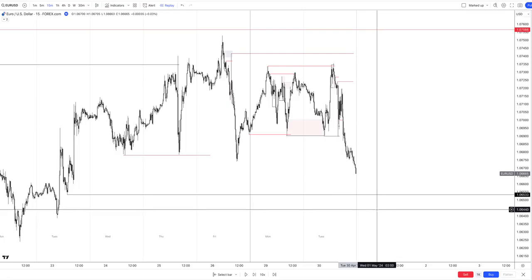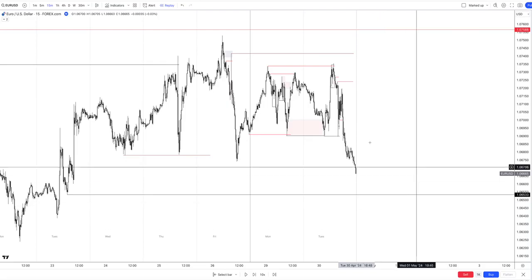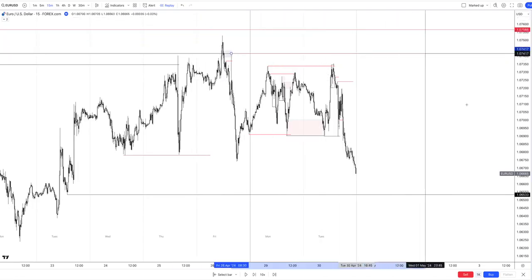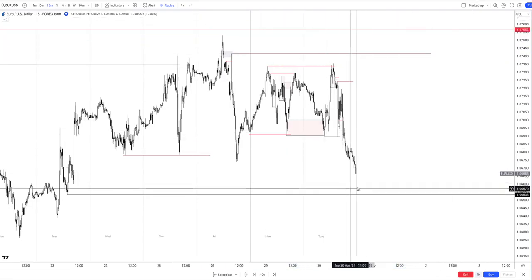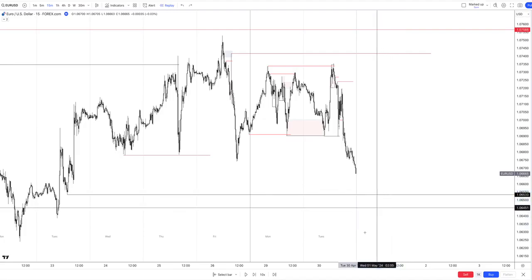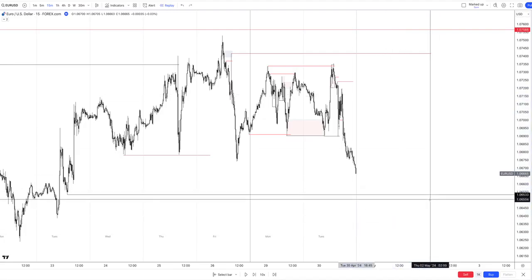On the flip side, if we have a bearish bias on the higher time frames, most of the time Wednesday will print us the high of the week. So in this example, look at the bullish bias we have. Liquidity we've left at the highs. We're approaching Wednesday. Is it possible for Wednesday to print us that low of the week here? 100%. That's definitely a possibility that can occur. And then we can move higher from there.